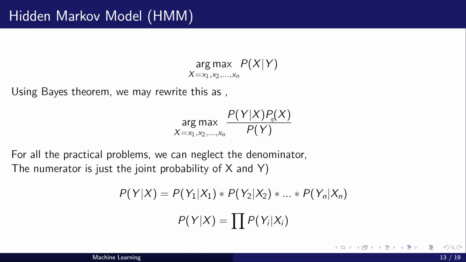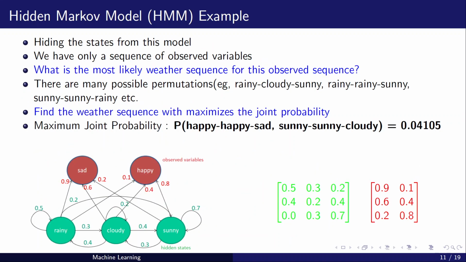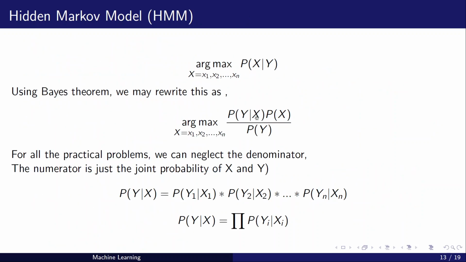So p of y given x into p of x is the joint probability, and that is what we have here. We would like to find the weather sequence that maximizes the joint probability. So p of y given x is one value, p of x is the second value.